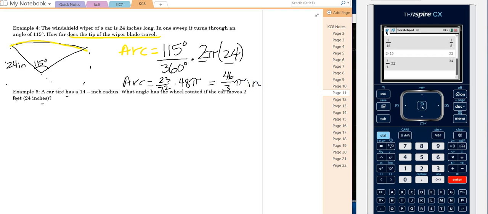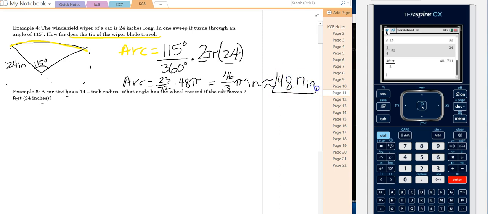And it did not tell us to keep our answer in terms of pi, so I'm going to go ahead and simplify that in my calculator: 46 pi divided by 3 is roughly 48.17 inches. So it's about 48 inches that our blade is swiping back and forth.